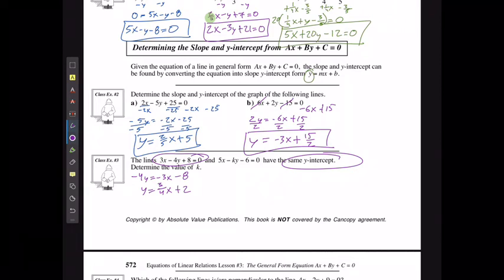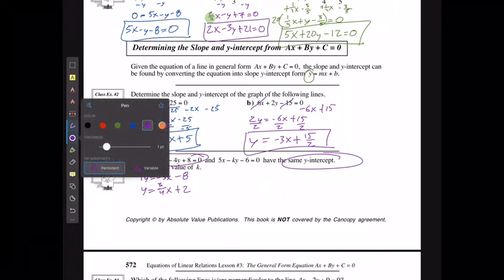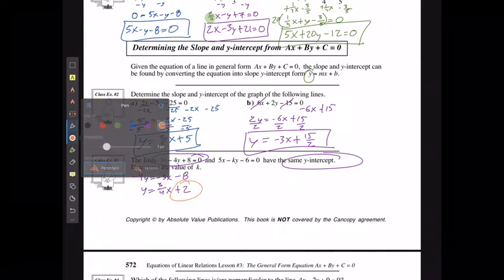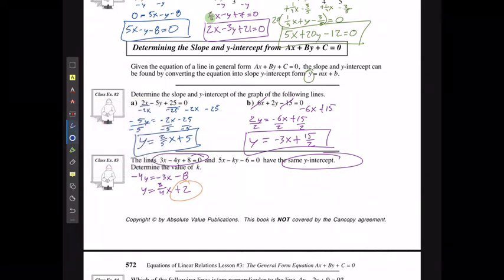That means that, in this case, they both have a y-intercept of 2. When I go to my second equation, I'm going to say that negative ky is going to equal negative 5x plus 6.